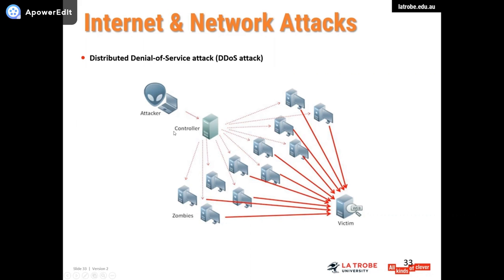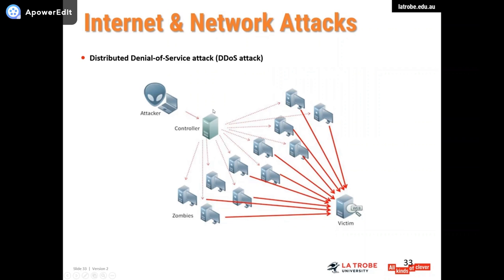And here we have all the zombie computers, and here we have the controller. The controller computer is also a compromised computer, but the attacker won't send commands to these zombies directly. Usually, the attacker will hide behind a controller, so it will be hard for us to find who the real attacker is.